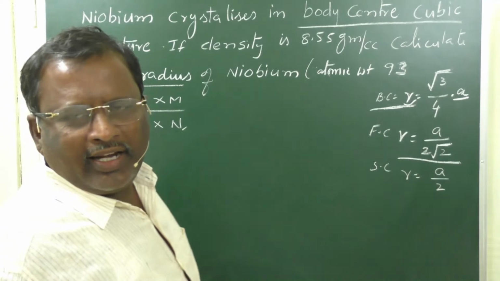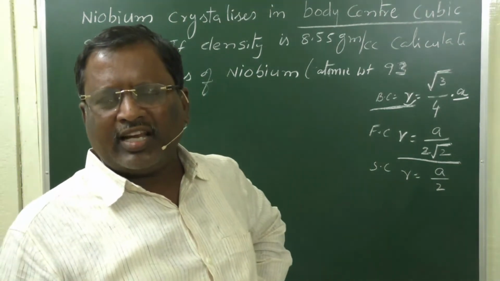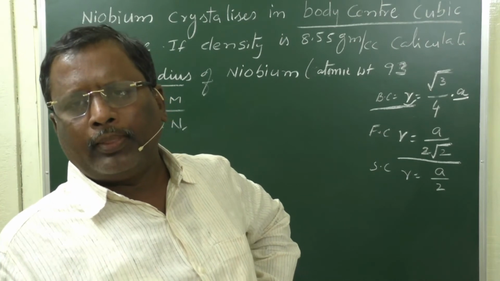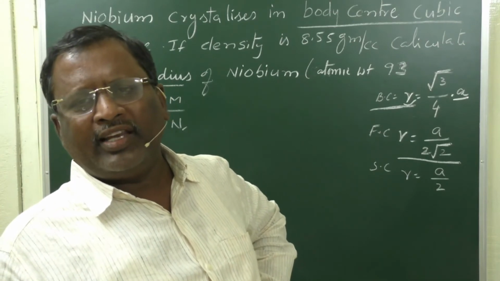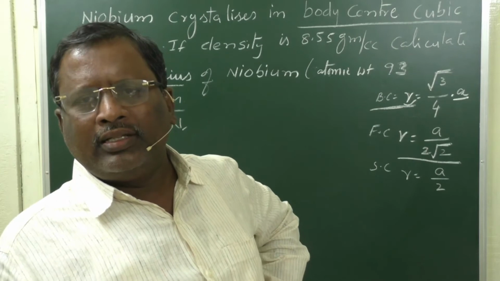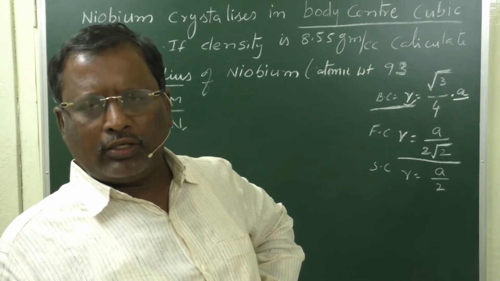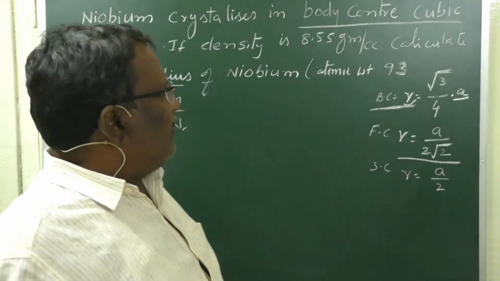To calculate the radius of an atom, there is a standard relation between the radius and the side edge of a unit cell. We have mainly three types of unit cells: simple cubic, face centered cubic and body centered cubic.